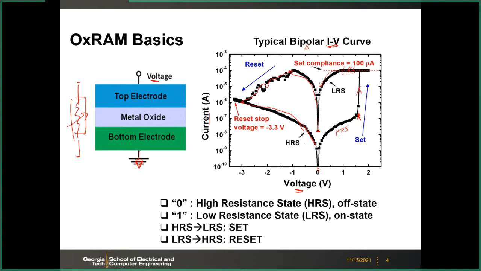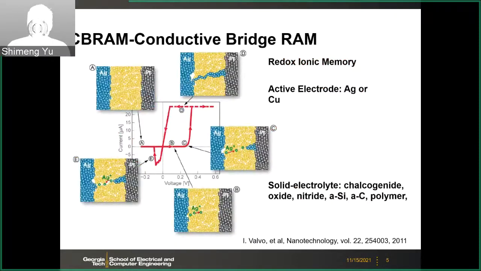All right, so then the other subcategory is called conductive bridge random access memory. In this case, here we show the 3 layers, and we tilt this by 90 degrees. So the device, let's say the top electrode is on the left, bottom electrode is on the right.